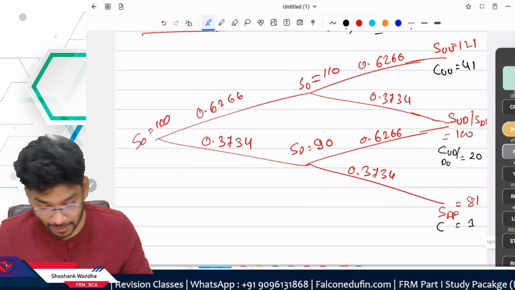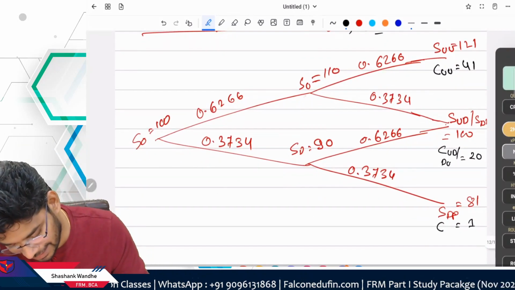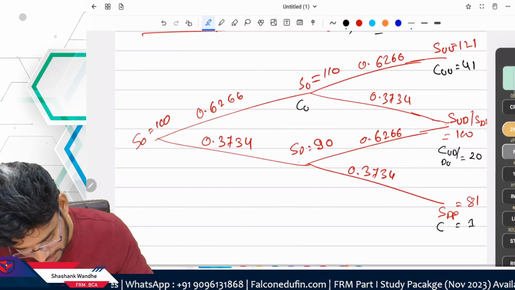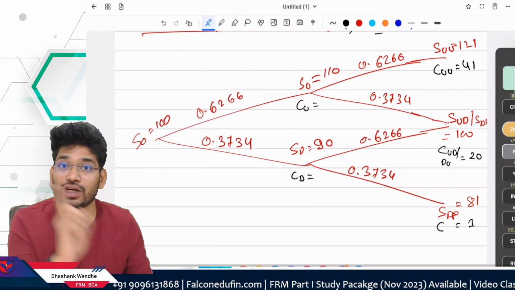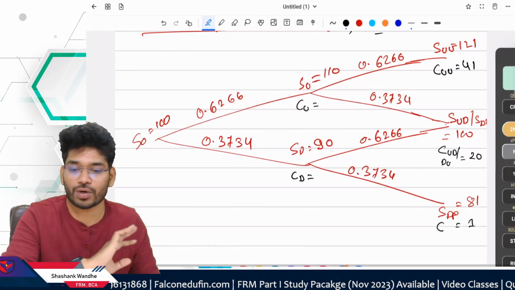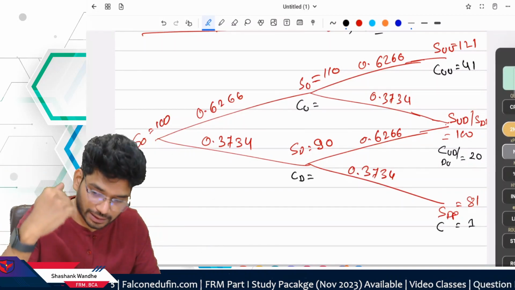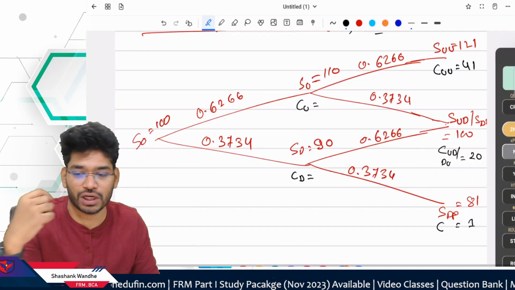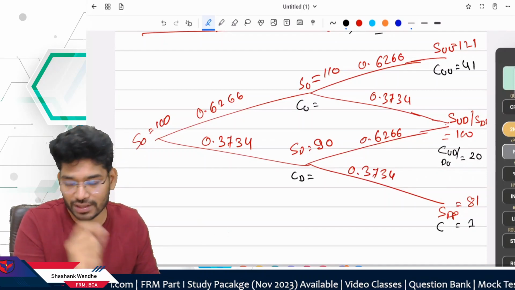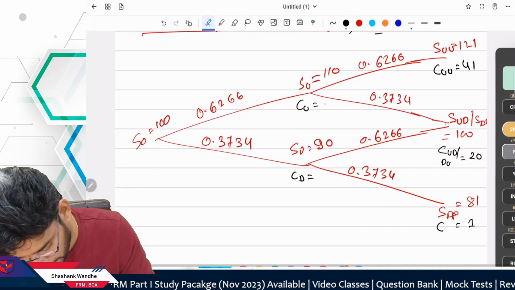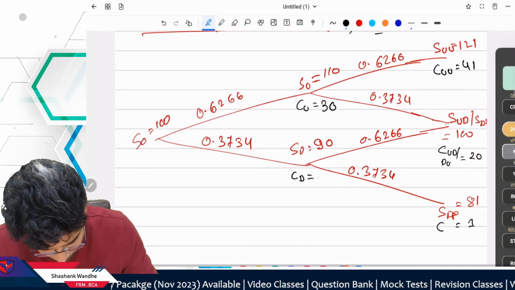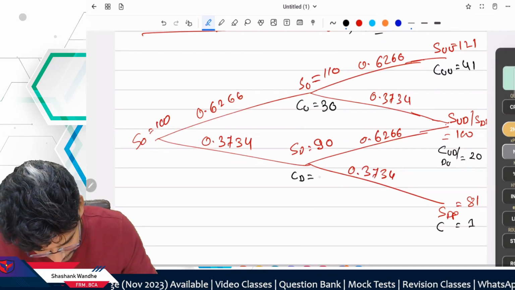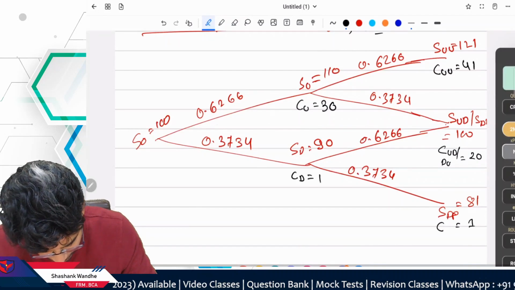Now see, in case of American option, we have to also calculate the CU and CD, the payoff at each node. For European option, you can do the direct calculation for this particular setup, but for the American option, you have to calculate the payoff at each step. So here our payoff is 110 minus 80, this is 30, and for CD, this is 90 minus 80, 10.